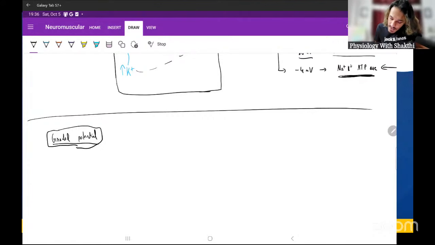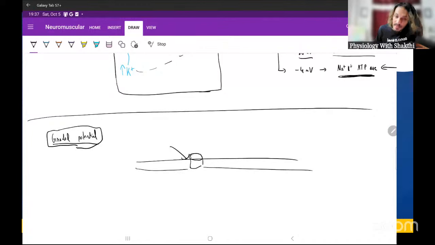This stimulus coming from outside will activate some channels, resulting in influx of positively charged ions like sodium.